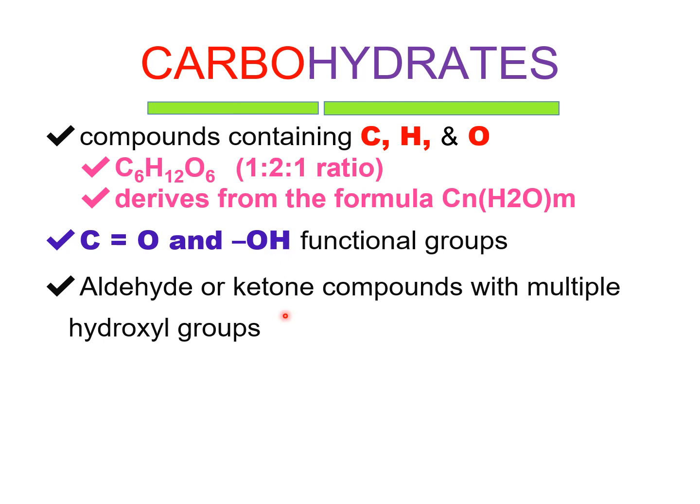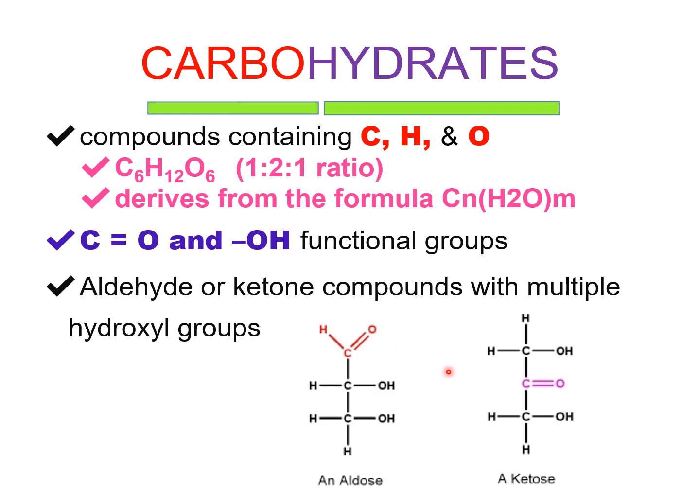Now, carbohydrates are said to be either the hydrates of aldehyde or ketone compounds with multiple hydroxyl groups. That's the reason they are said to be polyhydroxy, because of the presence of several hydroxyl groups attached to the structure of these molecules.